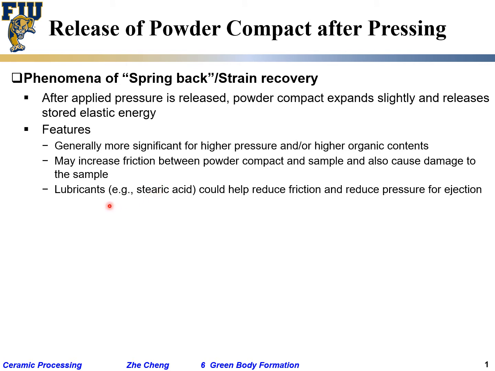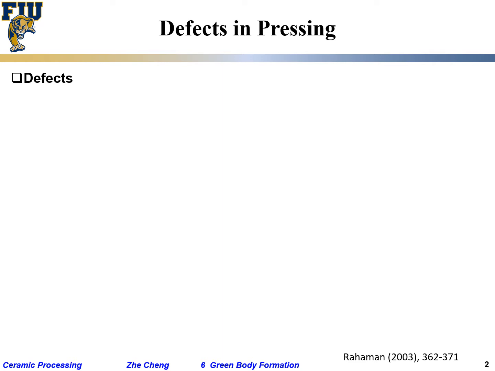To help it, you can add lubricant, some greasy stuff, stearic acid, to help reduce the friction and reduce the pressure for ejection. Just to keep that in mind, sometimes sample may come back in shape.